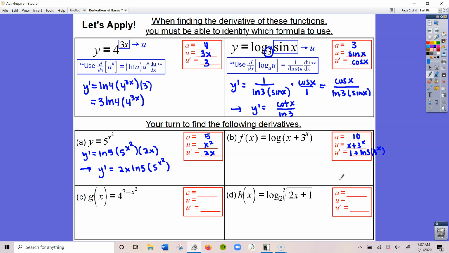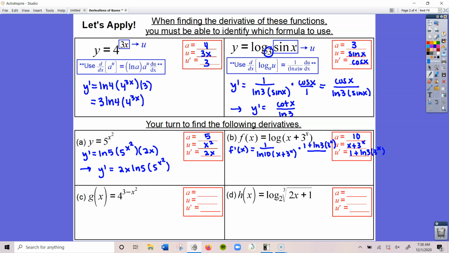And now let's put all of this together. So f prime of x would equal 1 over ln of the base, so the ln of 10, times u, so x plus 3 to the x, and all of that is going to get multiplied by the derivative of u, so 1 plus ln of 3 times 3 to the x.